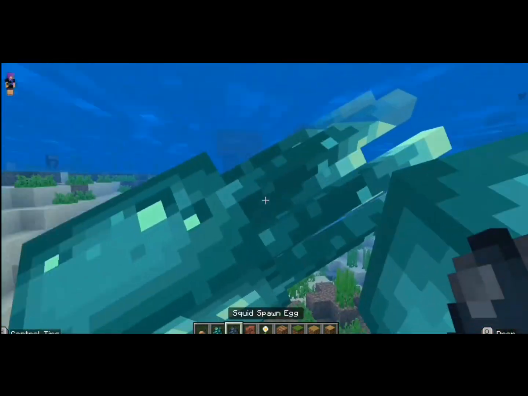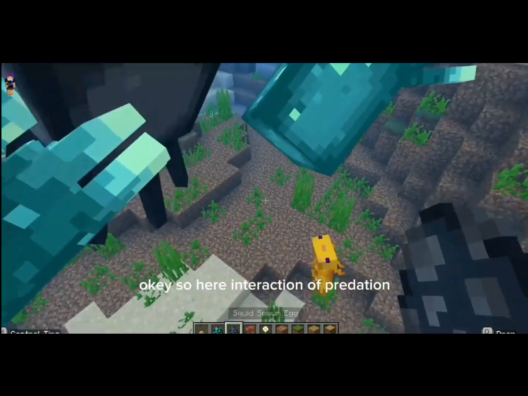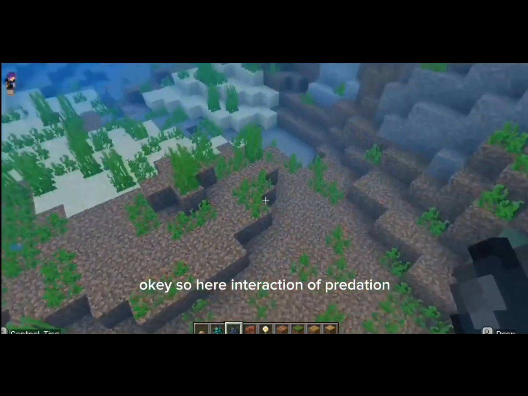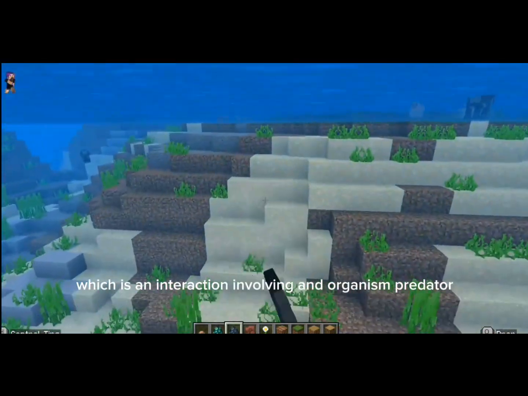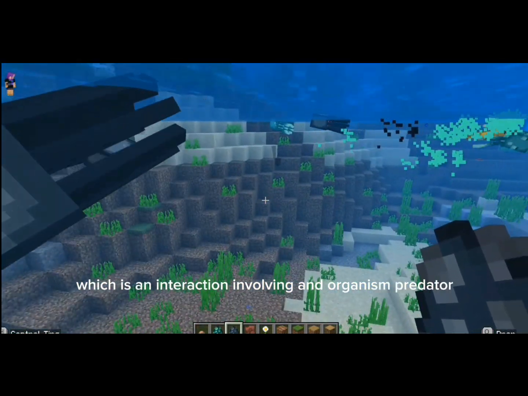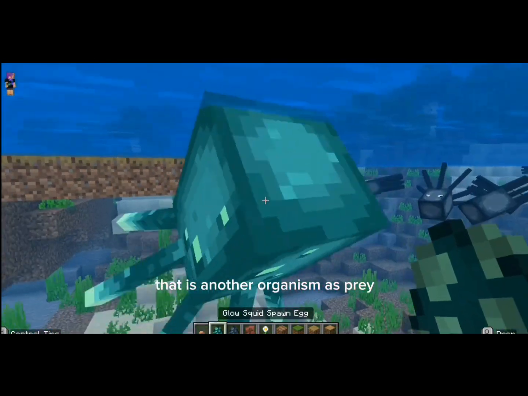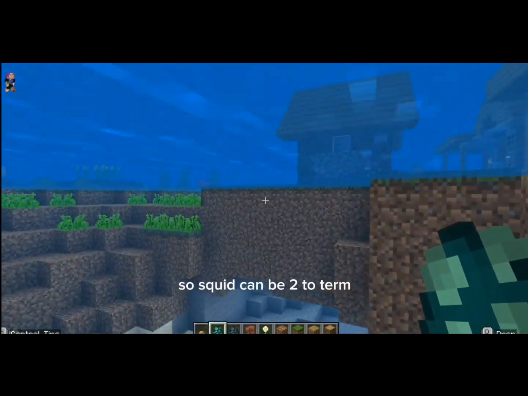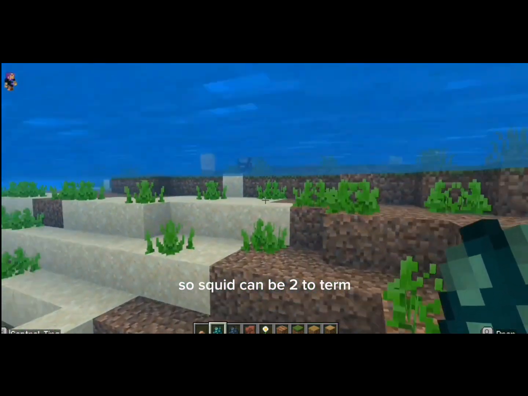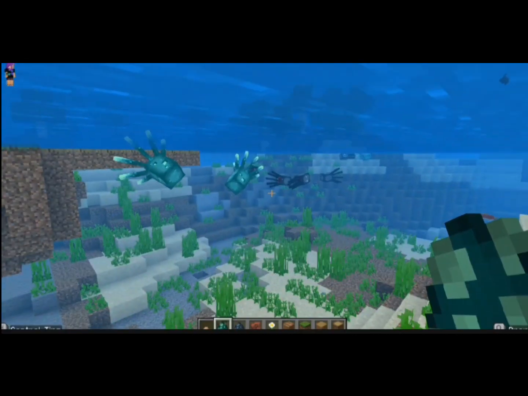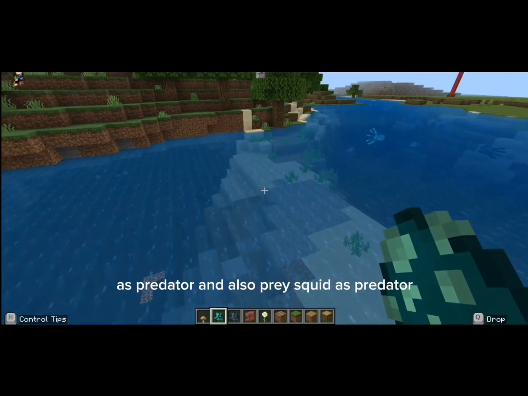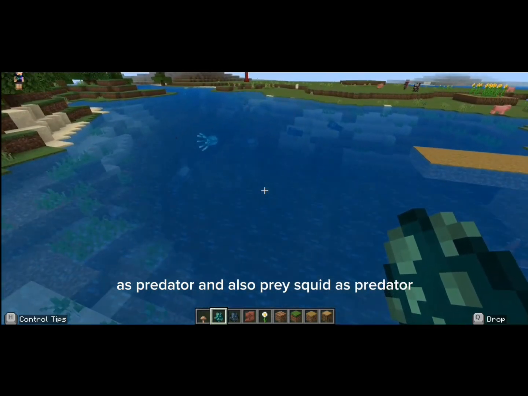Okay, here's my squid. Here the interaction is predation, which is an interaction involving an organism, the predator, that eats another organism as prey. So squid can be two things, predator and also prey.